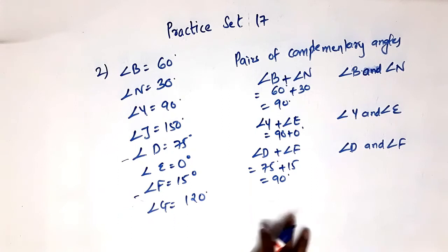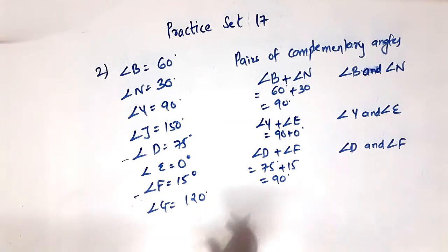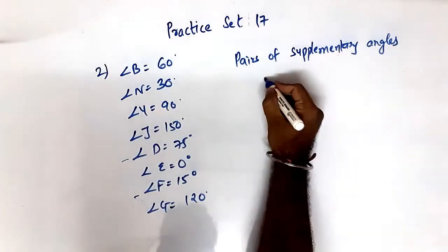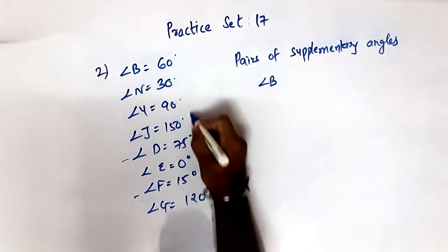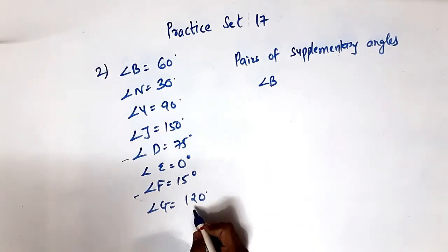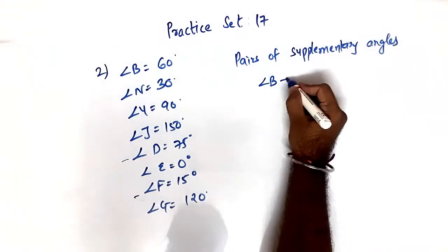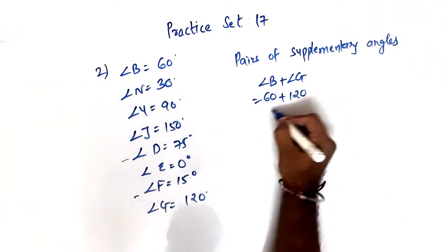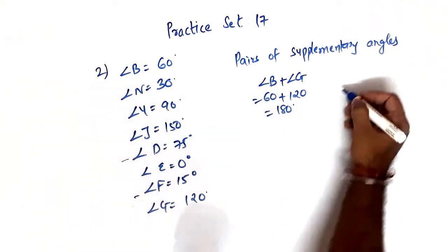Okay, now let us see, they have also asked us to select supplementary angles. So for pairs of supplementary angles, I can take angle B with angle G, correct? So it is 60 plus 120, which is equal to 180.